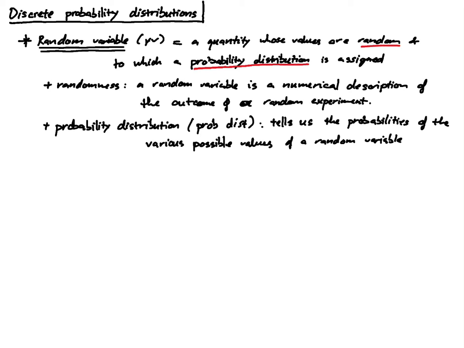Okay, so again, going back to the die rolling example, we know that the probability that we get a 1, 2, 3, 4, 5, or 6 is 1 over 6. Essentially the probability distribution tells us those probabilities.